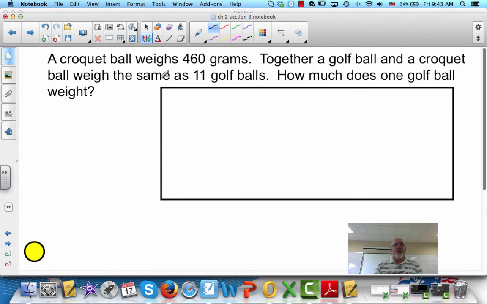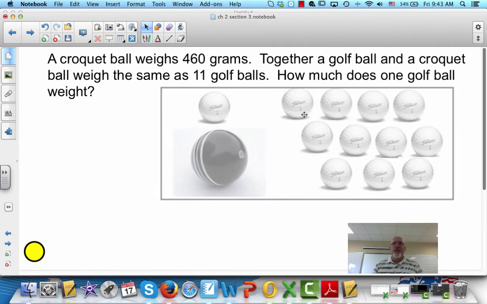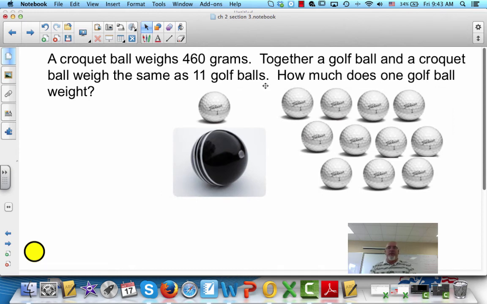Now it's your turn. A croquet ball weighs 460 grams. Together, a golf ball and a croquet ball weigh the same as 11 golf balls. I've got a picture here, so let me open that picture for you. How much does one golf ball weigh? So the question is how much does a golf ball weigh? So what are you going to write?